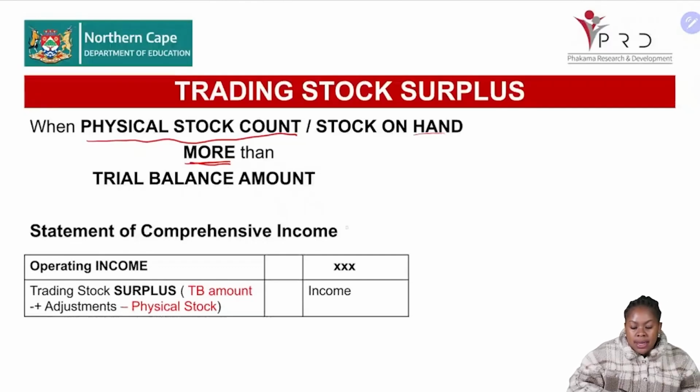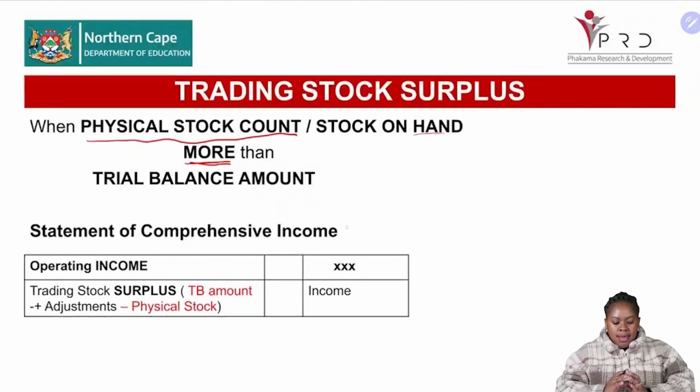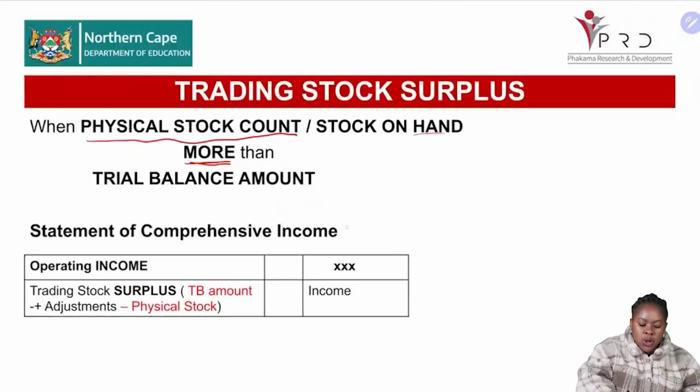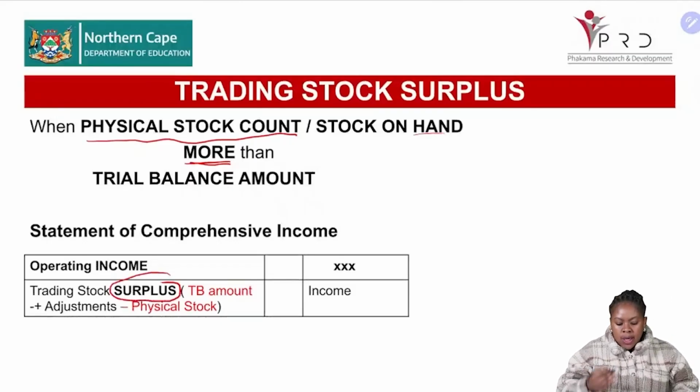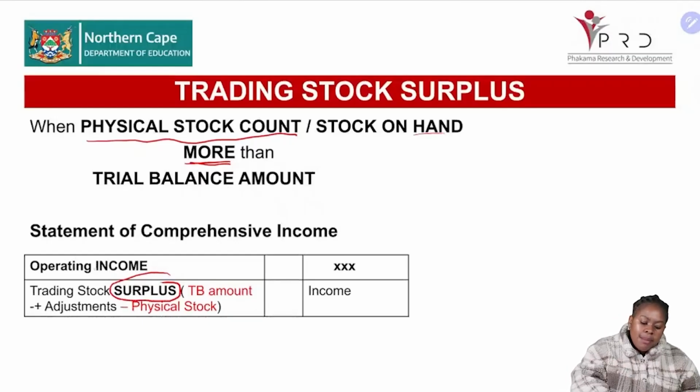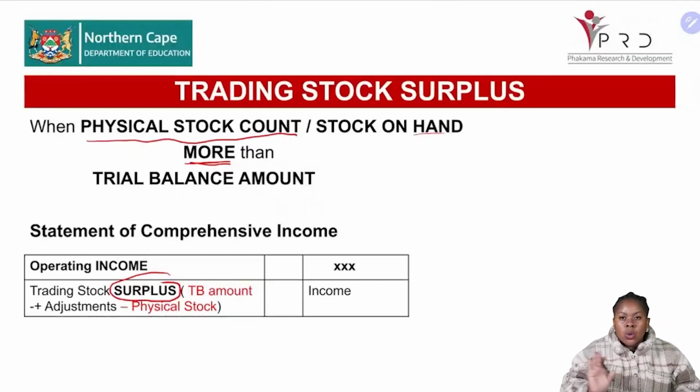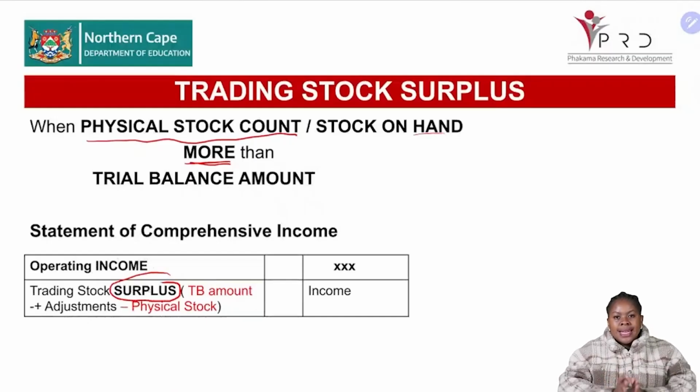In my comprehensive income statement, this is the way I'm going to record it. It's a surplus, right? So surplus is an income. So it means that I'm going to record it under my operating income. And then I'm only going to record the surplus, the difference between the two, the 20, basically.